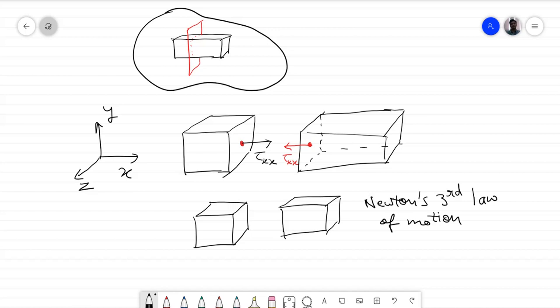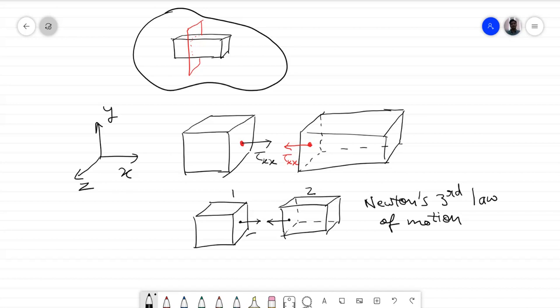Okay, so at a point also this is valid. At this particular point here, the force applied by the second body on the first body is, let's say, this one, and the force applied by the first body on the second body is this one. Both of them have to be equal and opposite. That is Newton's third law of motion.